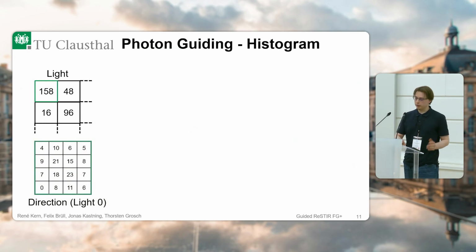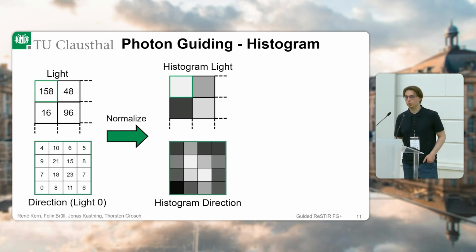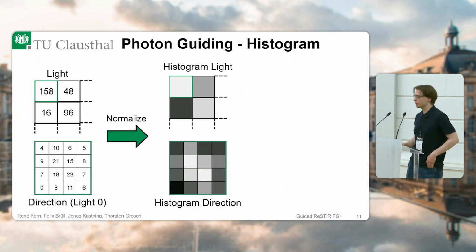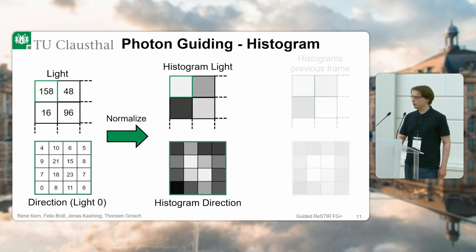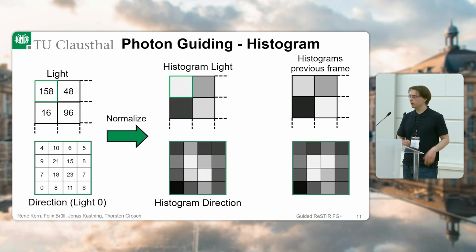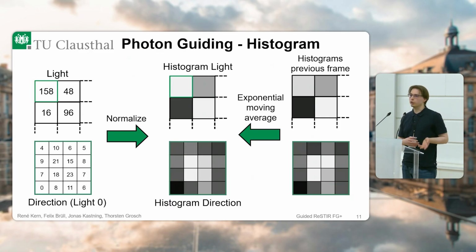So after we've done that, we convert these recording textures into histograms, where now each cell contains a weight between 0 and 1, and the sum of the whole histogram is 1. And because we also don't want to start from scratch for our guiding, we use the temporal information from the previous frame and use an exponential moving average to update the current histogram.